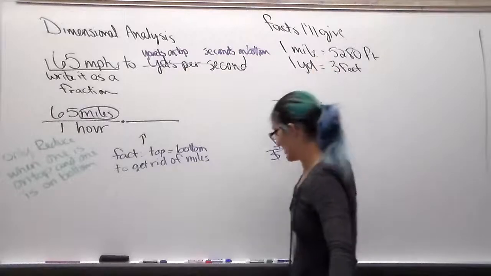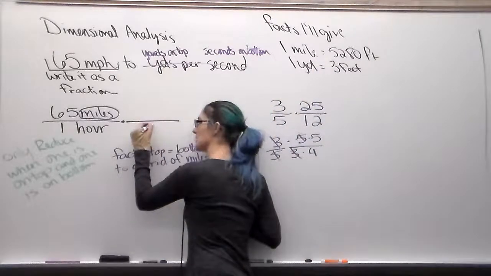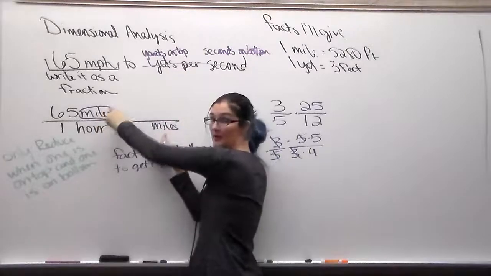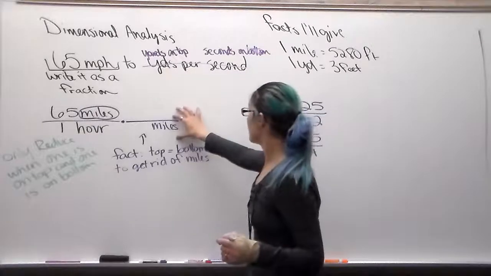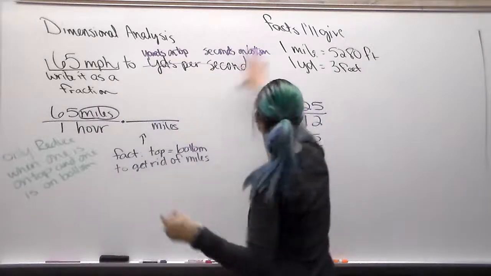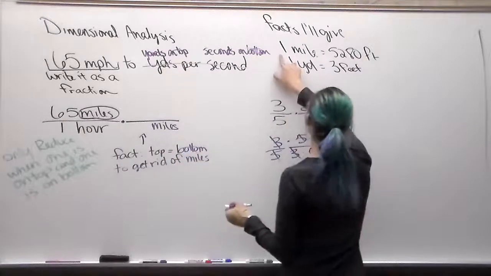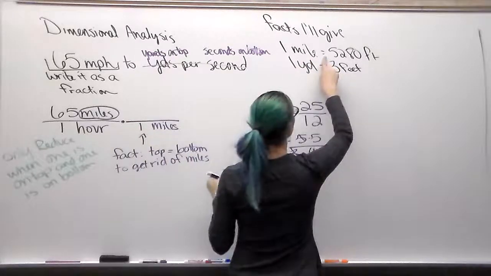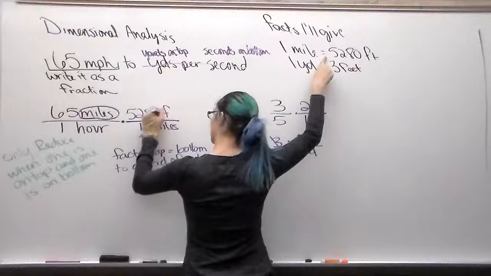This miles, in order for it to do what I want, I need it to be on bottom. That way I have 1 on top and 1 on bottom. And then you're going to fill this fraction in with the rest of the fact. I need the top to equal the bottom. So here I was told 1 mile, so that's going to go on my mile, equals 5,280 feet.